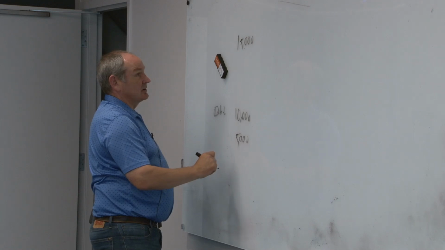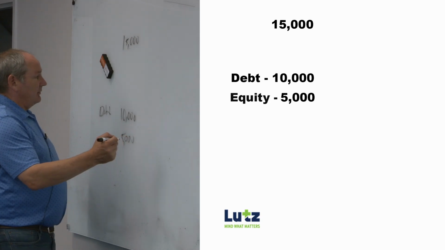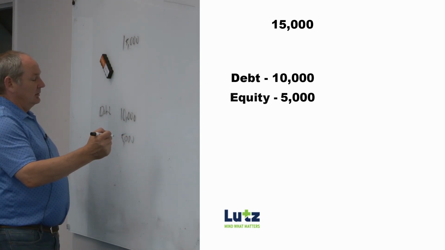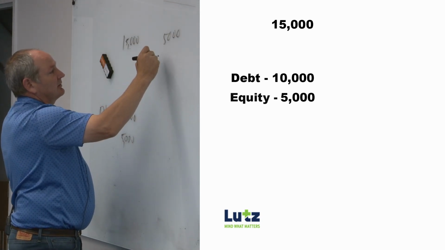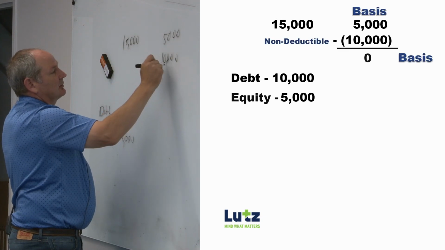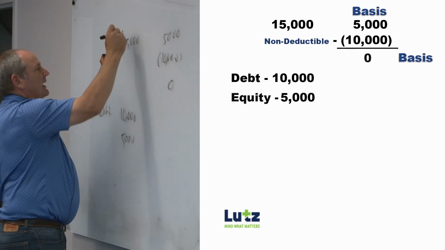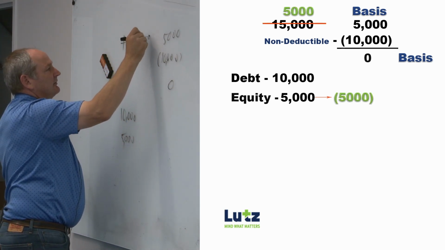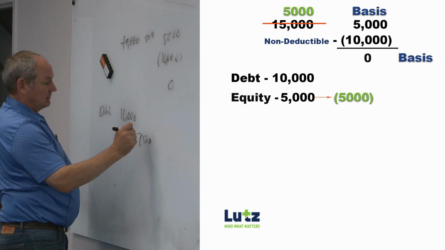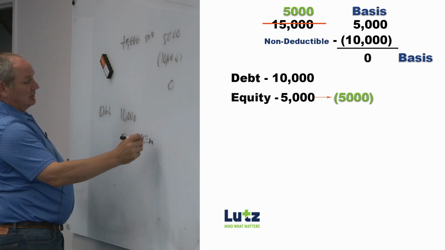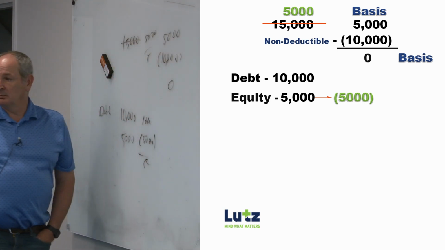Again, I did this math years ago, and now I'm going down a rabbit hole I don't know that I want to go down, but let's say beginning basis is 5,000, and I have 10,000 of non-deductible, that means that my basis goes to 0, my cash went from 15 to 5, my equity in here goes to -5, correct? And I'm in balance, right? 10K, 5, and 5. I'm in balance, right?